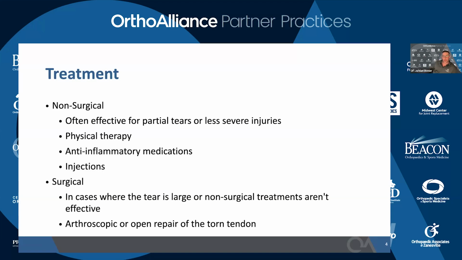So the mainstay of non-surgical treatment for rotator cuff tear is physical therapy, and that focuses on strengthening of the muscles that surround the shoulder and improving range of motion, anti-inflammatory medications to help with the pain, and then injections also to help with the pain. And typically these are cortisone injections, which is an anti-inflammatory medication as well.